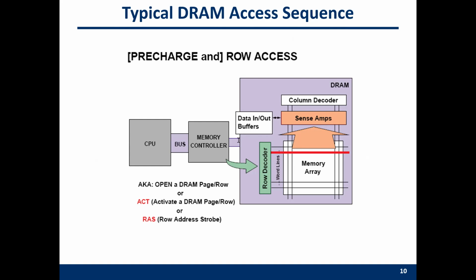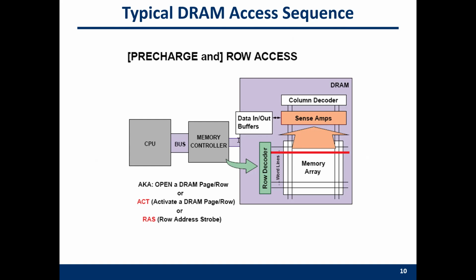So this is the activation command. The activation command sends the data of the row to the row buffer.